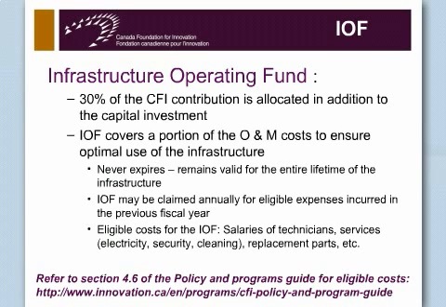So the infrastructure item to which this 30% will go must have been funded by the CFI. So let's say you get $100,000 from the CFI, you will get an additional $30,000 to take care of operation and maintenance of your infrastructure.